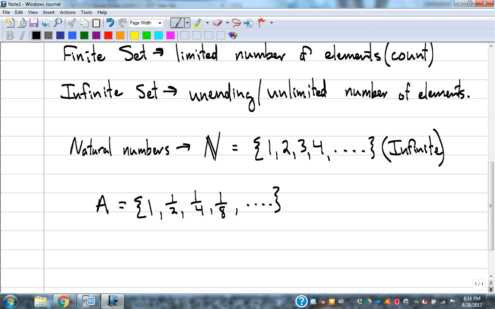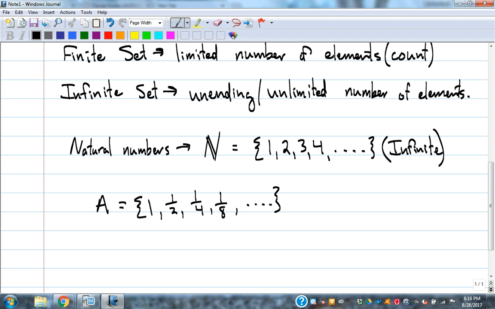And what clue can we use to determine that? What's happening to our numbers here? To get from 1 to 1/2, what are we doing? Dividing by 2, right? Half of a 1/2 is a 4th, half of a 4th is an 8th.